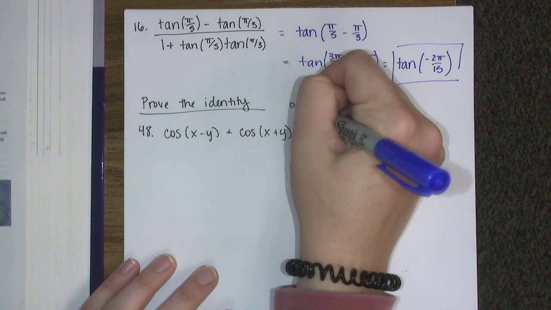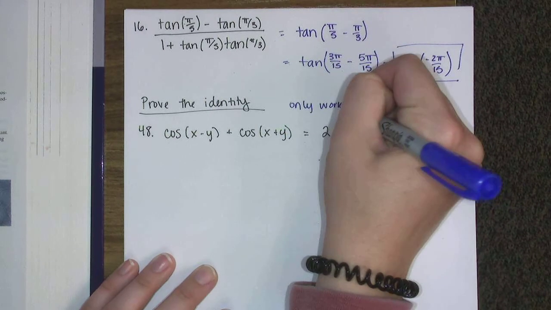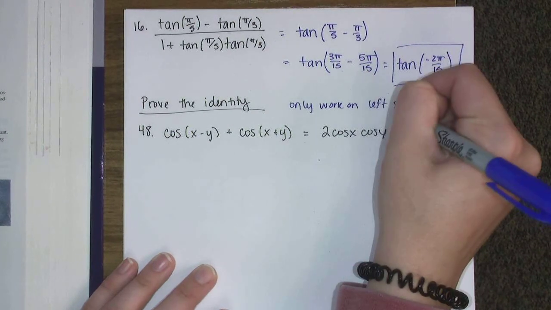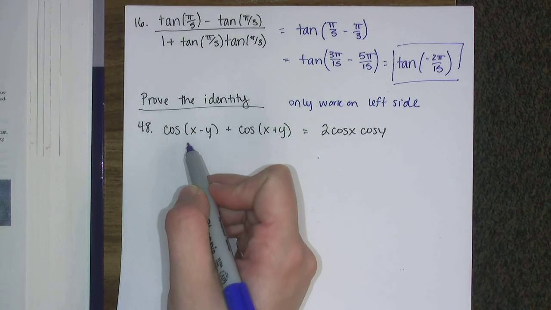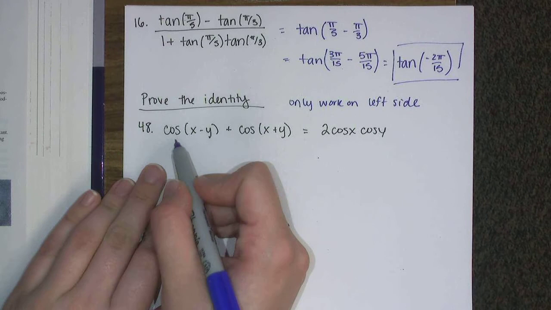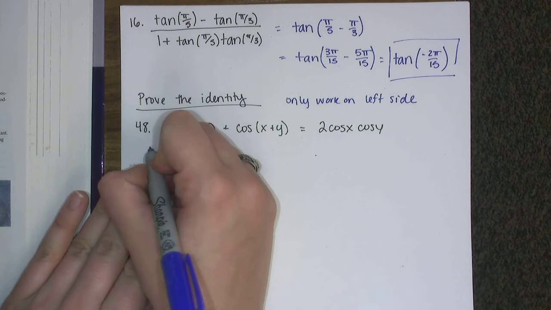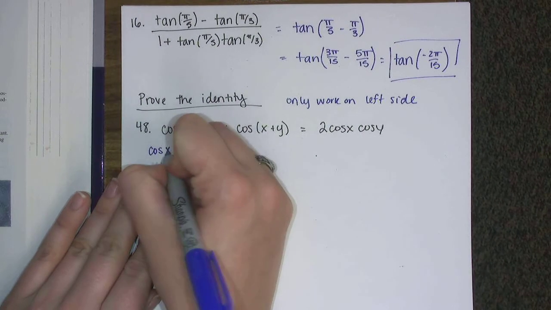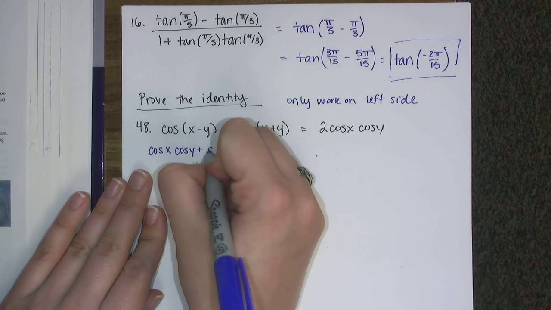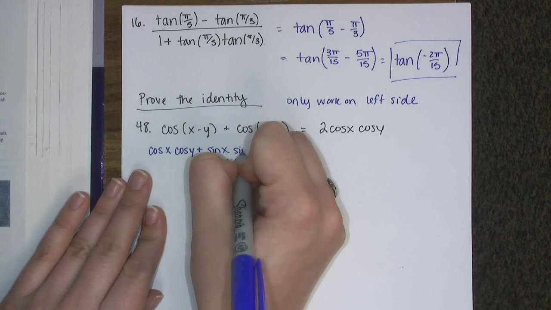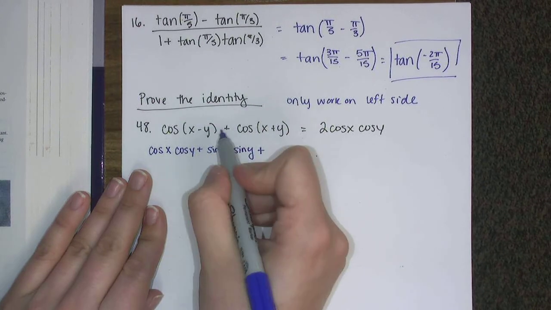So I'm going to rewrite this. The cosine of x minus y is, according to the formula, cosine x cosine y, opposite sign, so plus sine of x sine of y, plus, now if this was a negative, I would have to put this all in a bracket, so I would pay attention to the negative sign, but it's positive, so I don't have to worry about it.